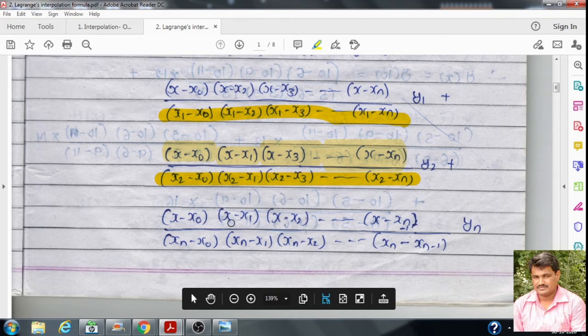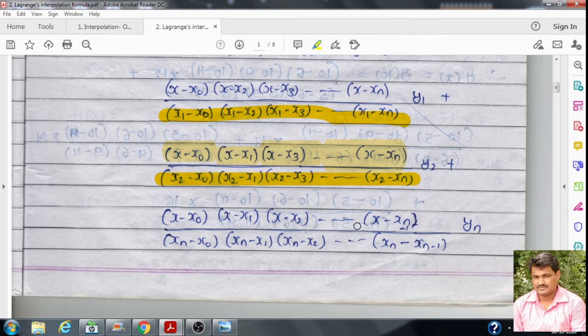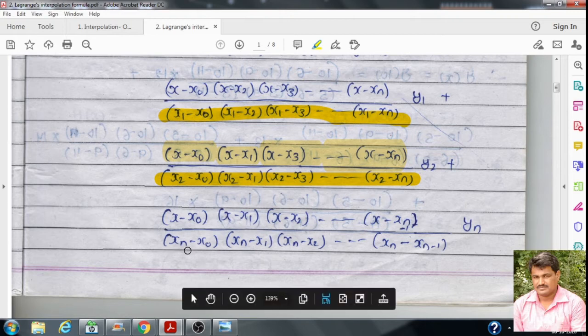We write the last term as x minus x0 into x minus x1 into x minus x2 and so on x minus xn minus 1, divided by xn minus x0 into xn minus x1 into xn minus x2 and so on xn minus xn minus 1.